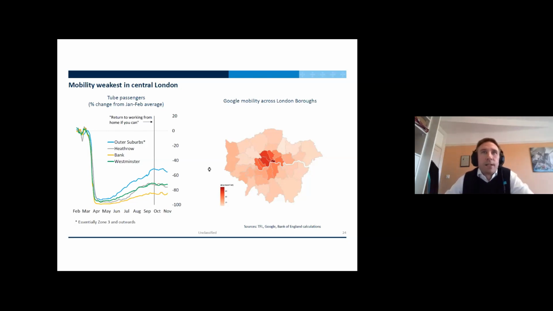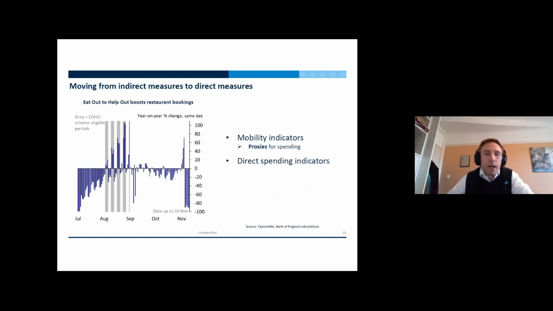One final indicator on this particular topic, also widely used, is OpenTable restaurant bookings. You can see here people reacting strongly to the incentives from the Eat Out to Help Out scheme. However, then once that closed, it fell back again. Lockdown was announced just about here, so it does seem people went out for a final meal before lockdown, but then it's coming back down again significantly here.